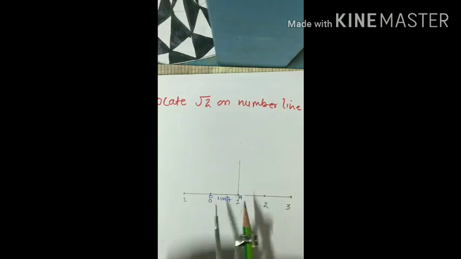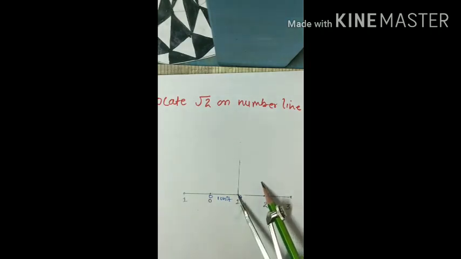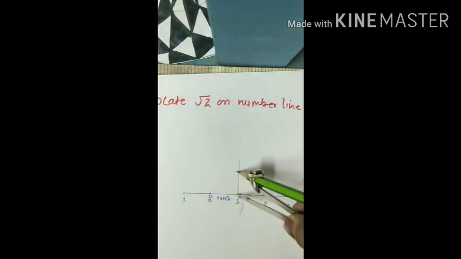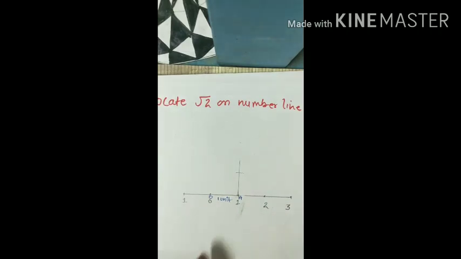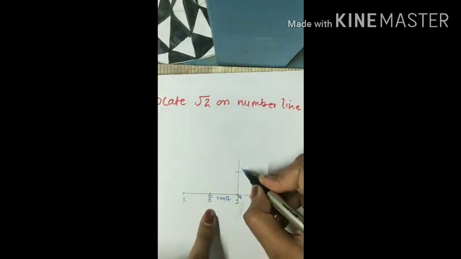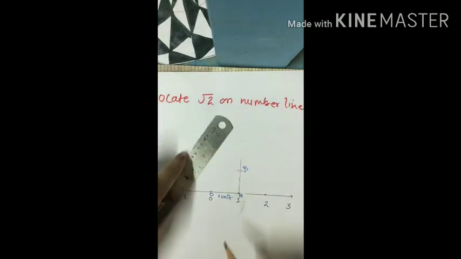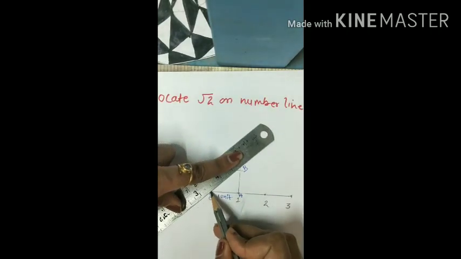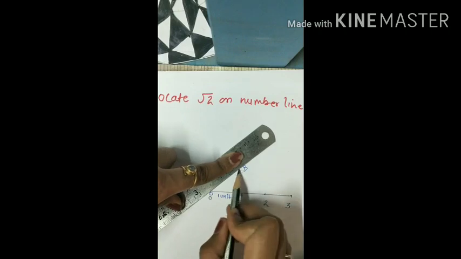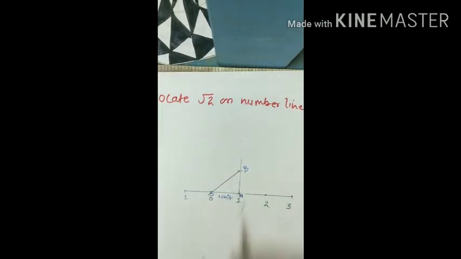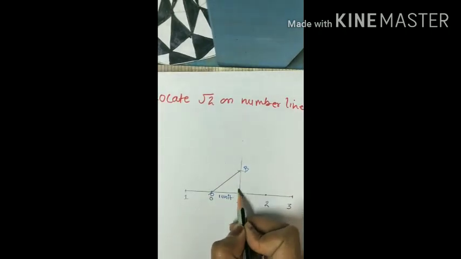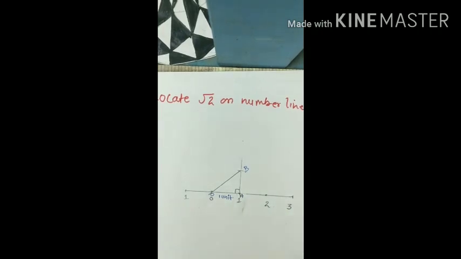After adjusting it, taking A as center, draw an arc. Let's consider this point is B. Now join OB. See children, join OB. You can see this is perpendicular, so I will write this is 90 degrees.